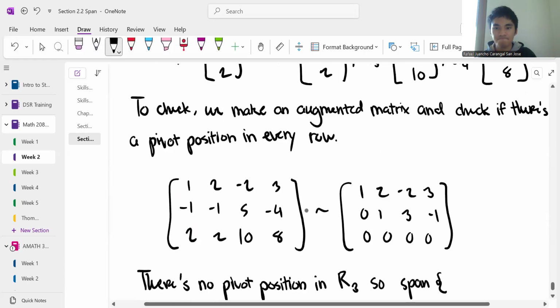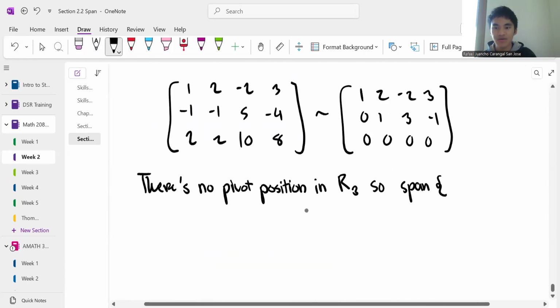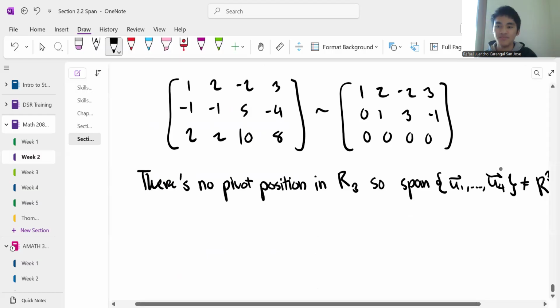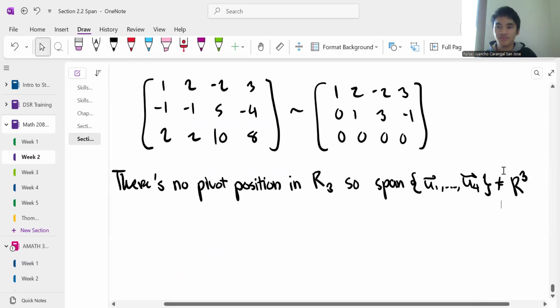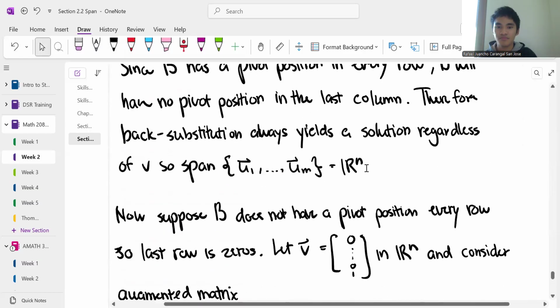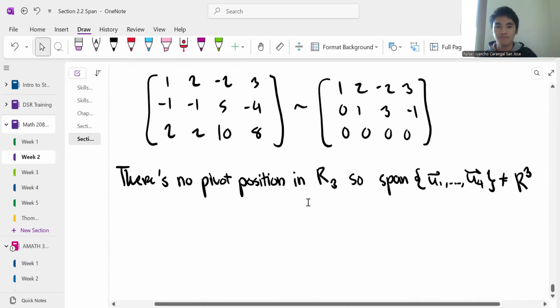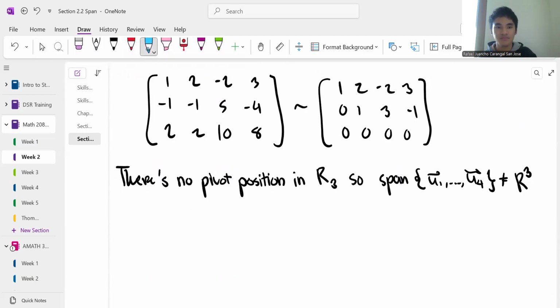Right? The span of u sub 1 to 4 is not R3. Okay? It's as simple as that.